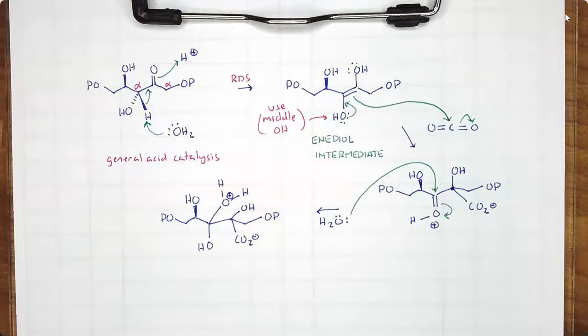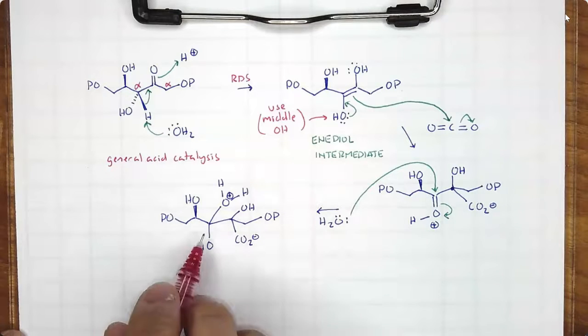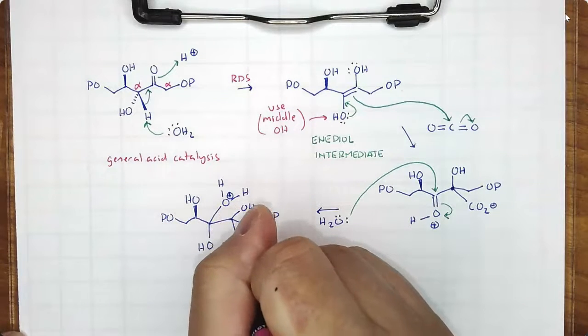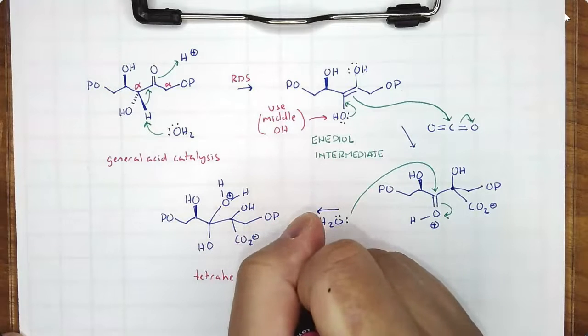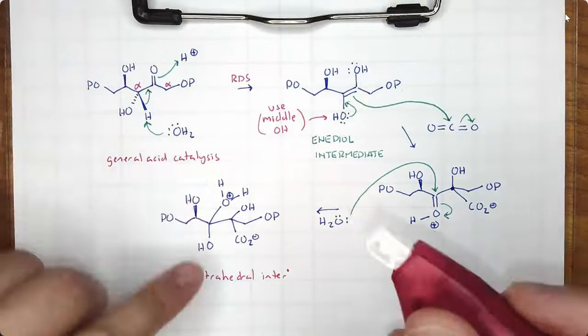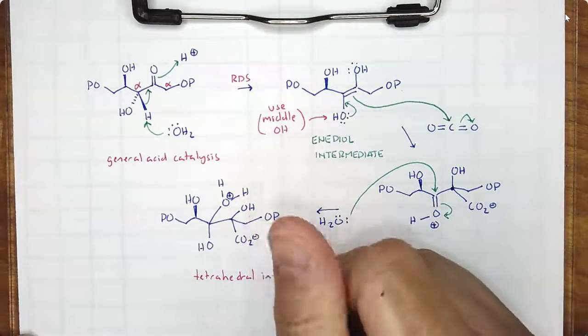Okay, we have quite a bit going on with this intermediate. We did form a tetrahedral intermediate on this sp2 carbon. Now it's sp3. Let me write that down. And probably we're going to deprotonate this group up here to make it the neutral OH.